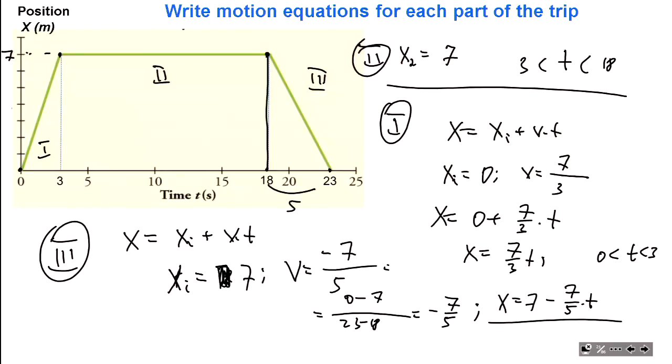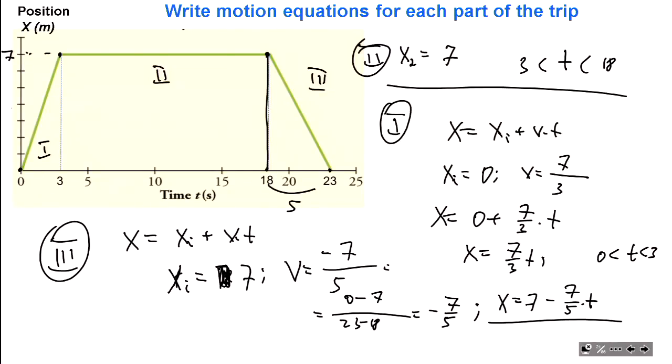Any questions? Yes? Why do you write it like the x and the y-intercept would be partway through the graph and not from the actual axis? I don't understand the question. Which y-intercept? First of all, which part of the graph do you refer to? You write 7 plus, why do you assume it's 7 and not where it would actually meet the y-axis? Which part of the calculation do you talk about, this or this?